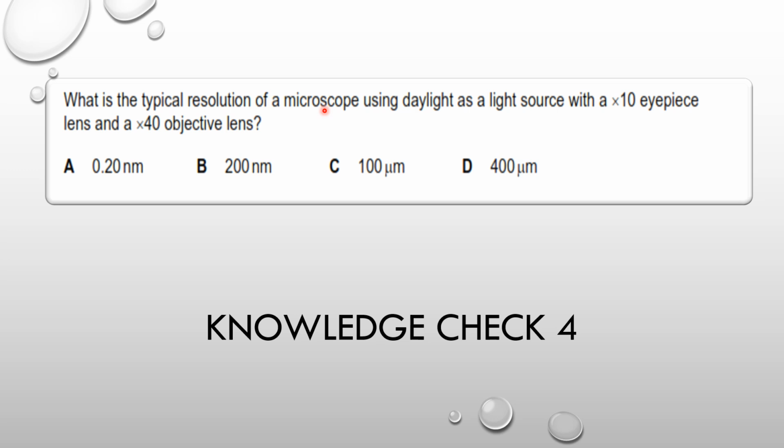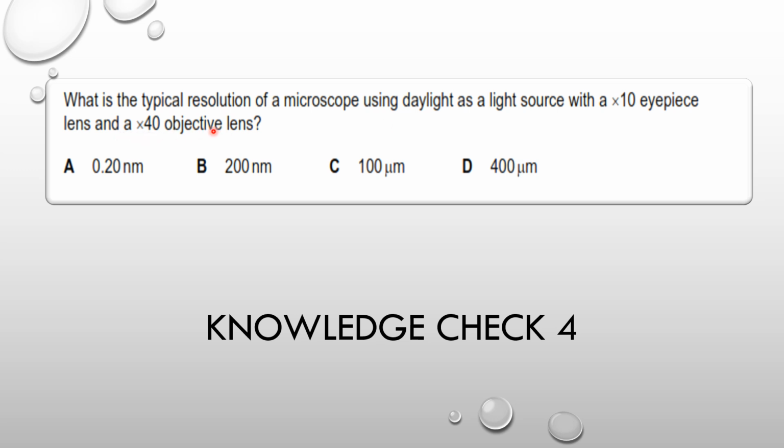When you increase the magnification from ×10, what is the typical resolution of a microscope using daylight as a light source with a ×10 eyepiece lens and a ×40 objective lens?